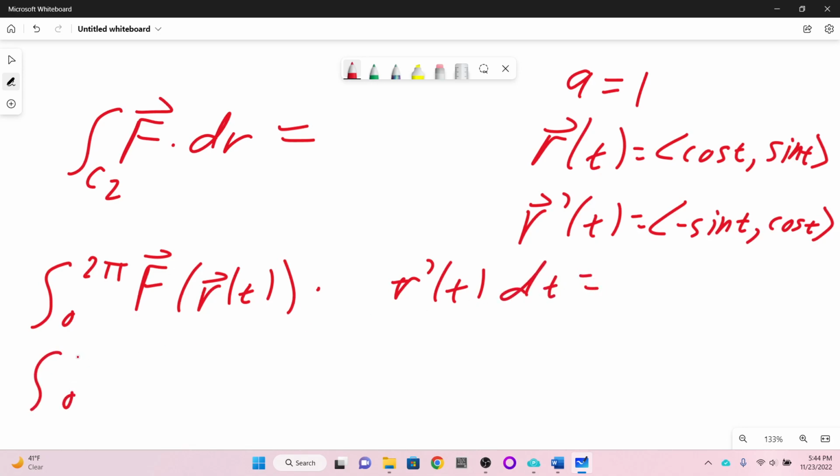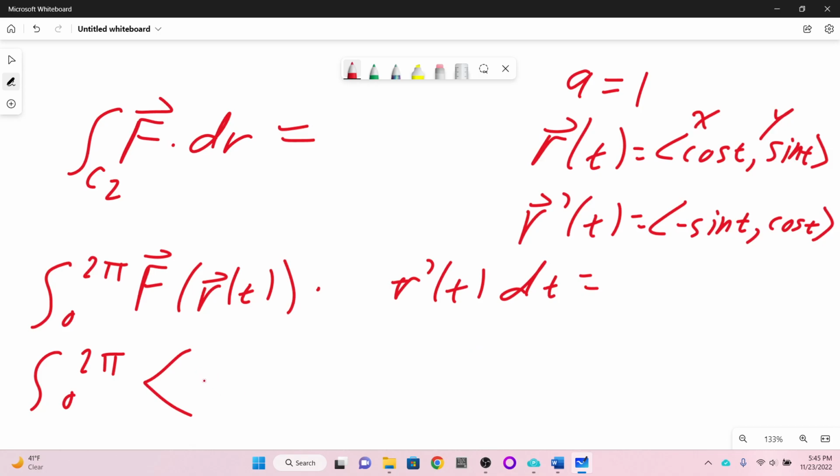Well, what is F of r of t? We can replace the x with cosine of t. If we're saying x is cosine and y is sine, then x squared plus y squared is just 1.